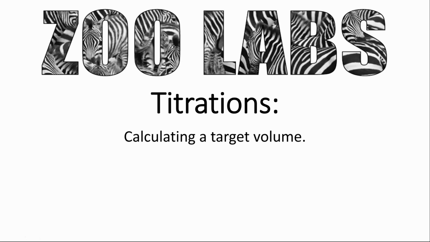As part of writing or modifying a laboratory procedure, you might be asked to calculate a target volume with titration data. So in these examples, we're going to continue with this concept of having an acid as our analyte and a base as our titrant.